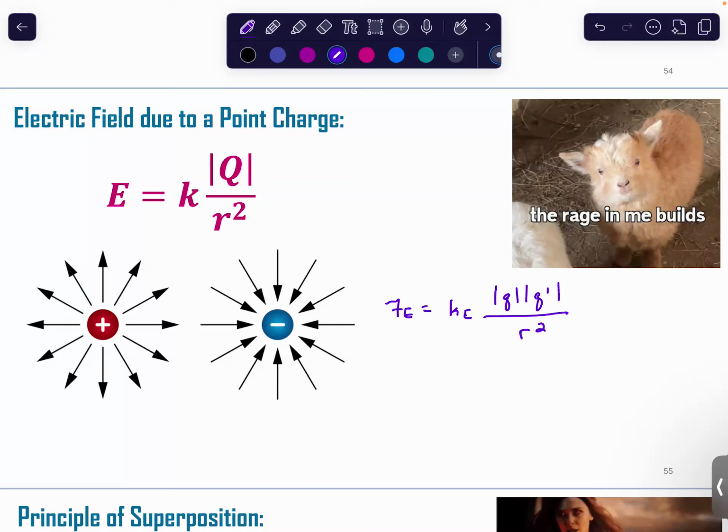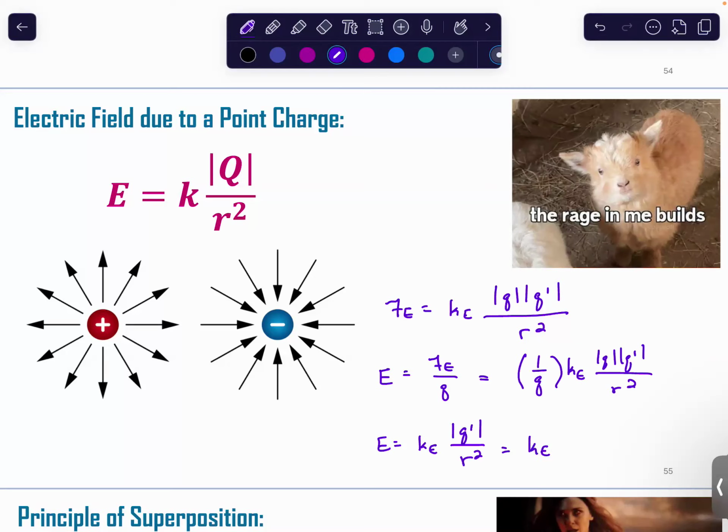But then we found out, hopefully by reading the textbook, that electric field is electric force divided by charge Q. So that means we're going to get 1 over Q. And so what that ends up giving us is our electric field, where that Q prime is now the entire charge that we're observing. So that's going to be big Q over R squared.